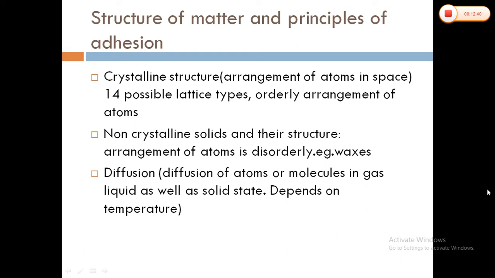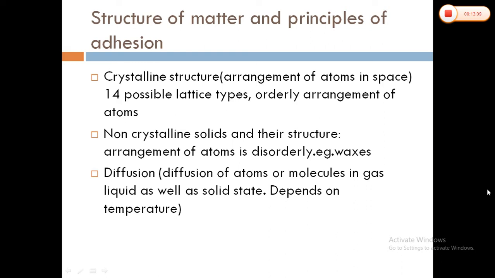Crystalline forms could be of 14 possible types, formed by orderly arrangement of atoms. I will give you the picture for this also. Non-crystalline solids are due to disorderly arrangement of atoms. An example is waxes.